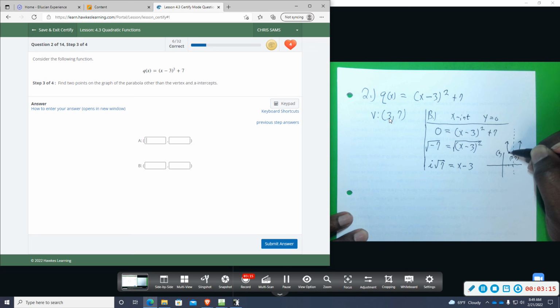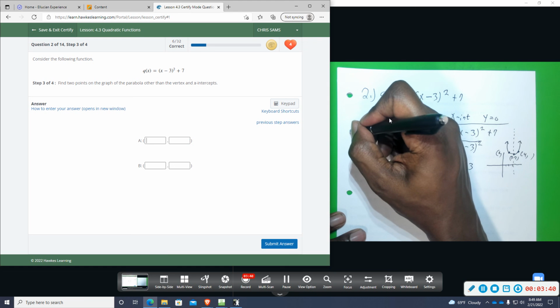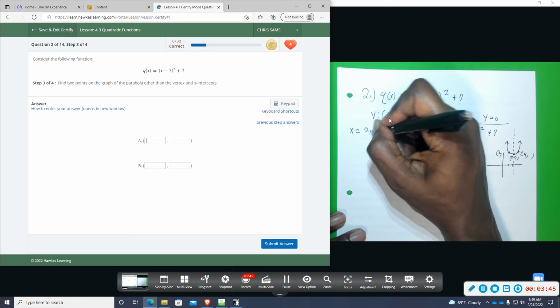So if I move 1 to the left, I get the same y value as if I move 1 to the right. So whatever I get for 2, I will get that same y value for 4. And if I were to move 2 and I got a positive 1, and I move 2 to the right, whatever I got for 5, it would be the same y value. So let's just work that out and see, and then we'll go from there. So we're going to use x to be 2 and 4.